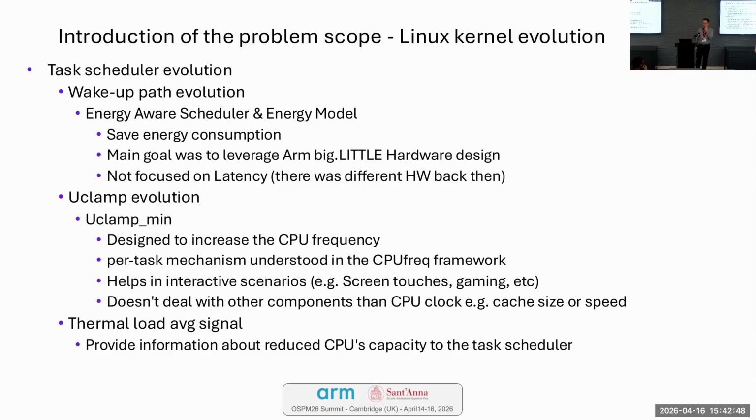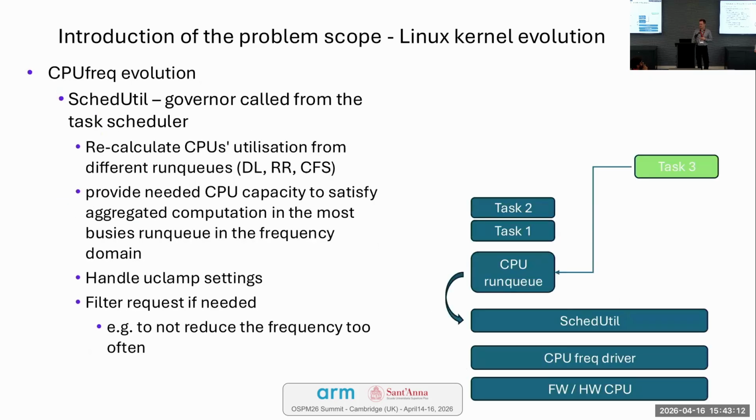And this is yet another example in this area where we introduced yet another mechanism to help with this. There was also the thermal load average introduced for mobile phones because they've been suffering the throttling quite heavily.